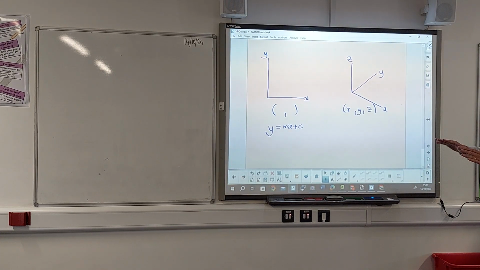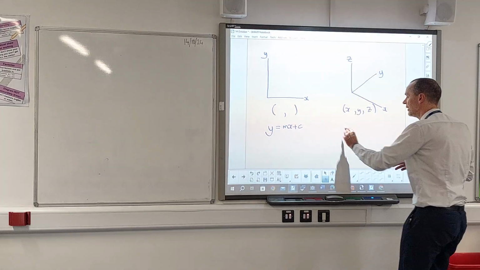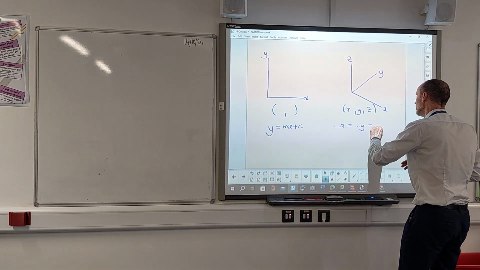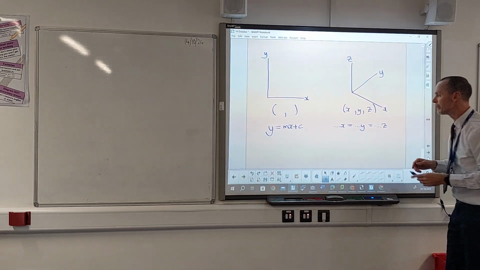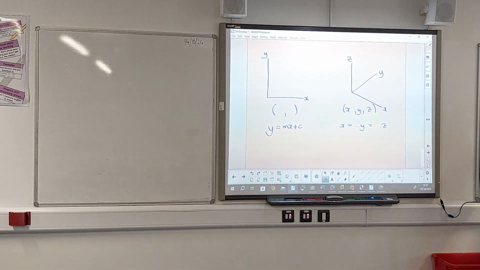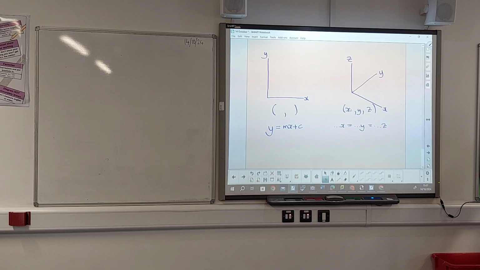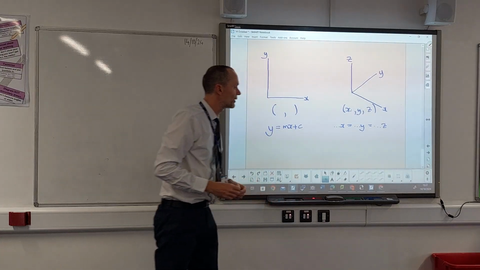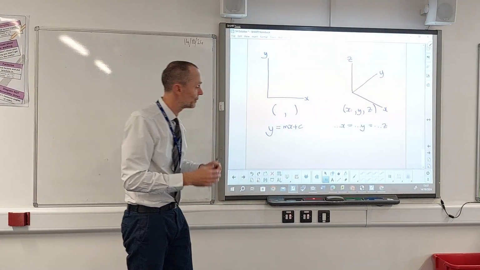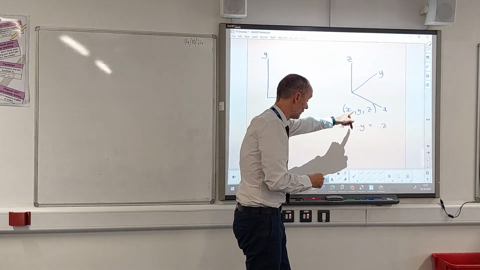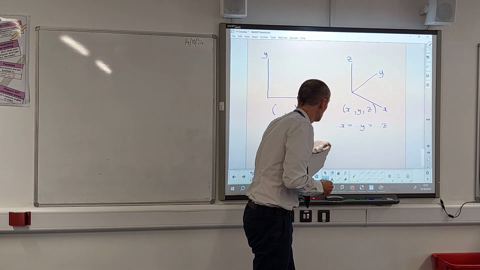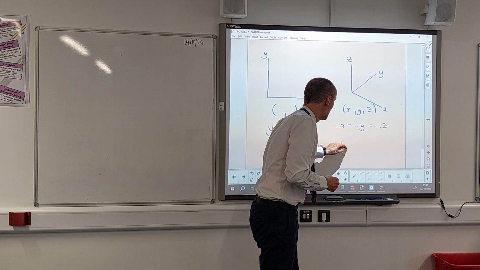And when we want to describe lines on a 3D grid, we need an equation which describes not the relationship between x and y, but between x, y, and z, which is more complicated, isn't it? These ways of describing lines on a grid by talking about the relationship between the 2 values, or 3 values, are referred to as Cartesian equations for lines.